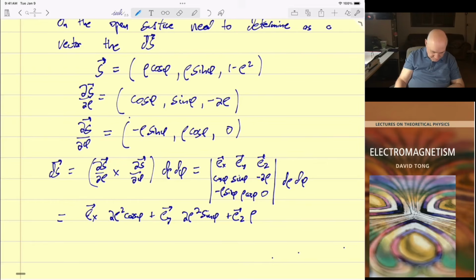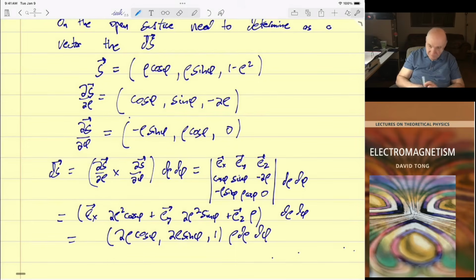This is our vector. I'll just write it in terms of components now, and we multiply everything by d rho d phi. It's 2 rho squared cosine phi, 2 rho squared sine phi, rho d phi.